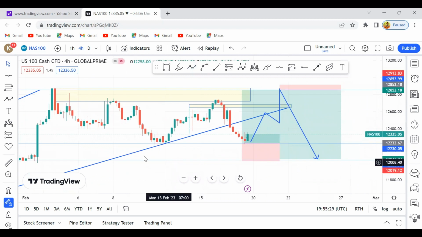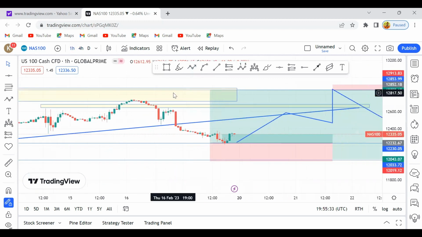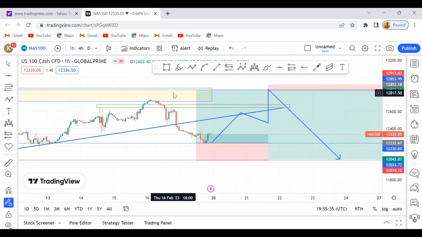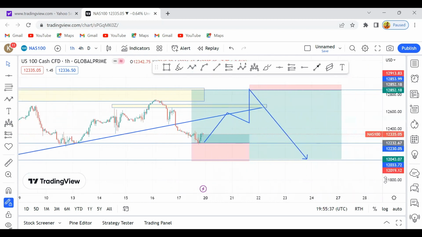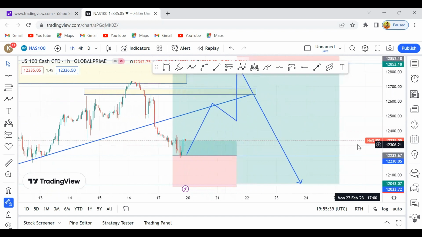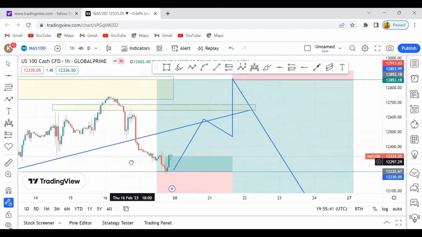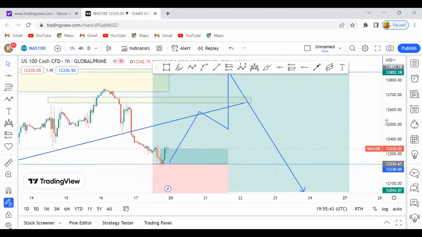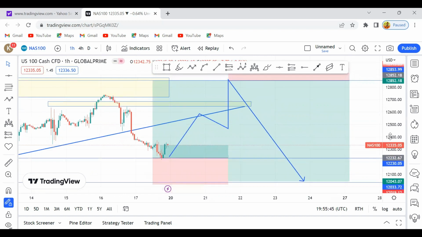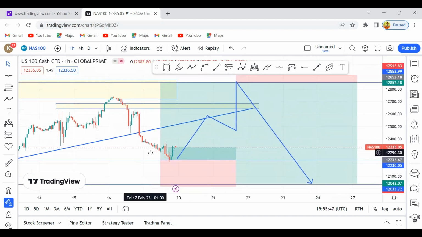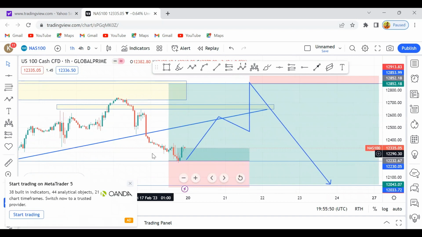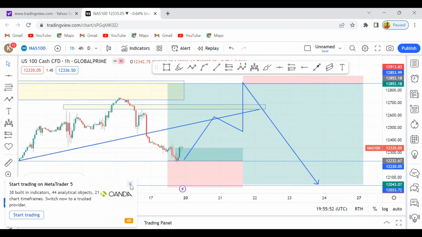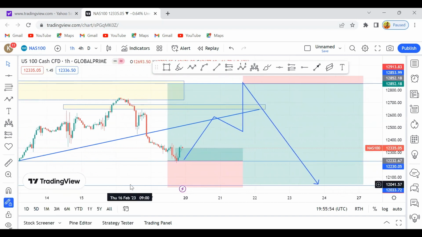This is what we're expecting on NAS100. Let's go to 1 hour time frame. This is what we're actually seeing and looking at on NAS100.